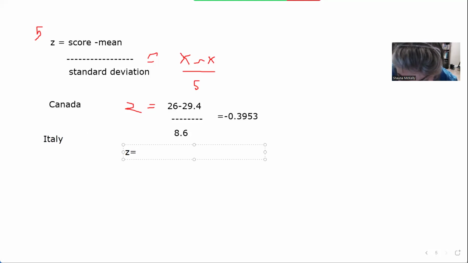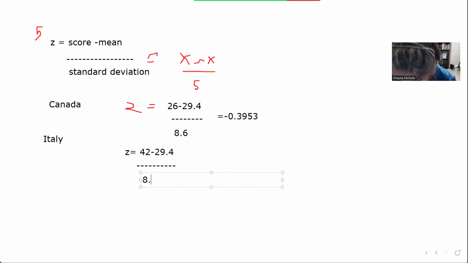In Italy, the vacation days are 42 minus the mean for most of the countries, which is the same, 29.4, divided by 8.6. So we're going to divide here by 8.6.